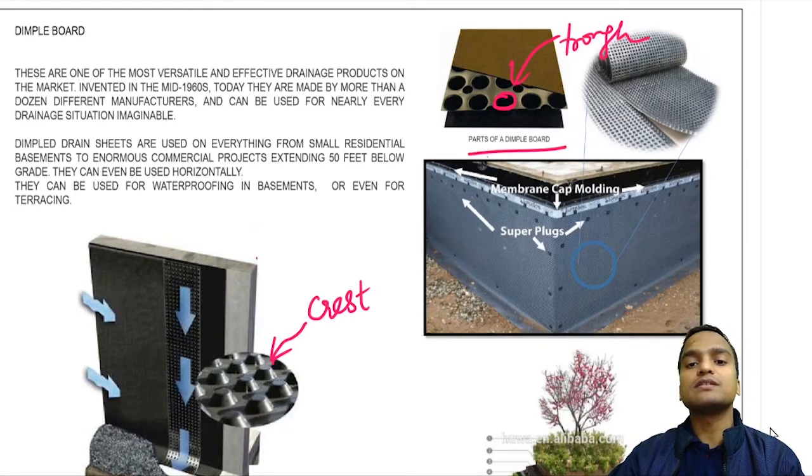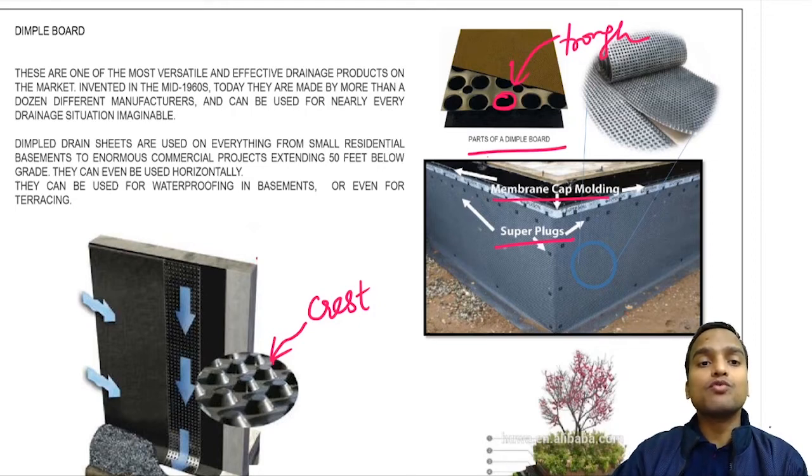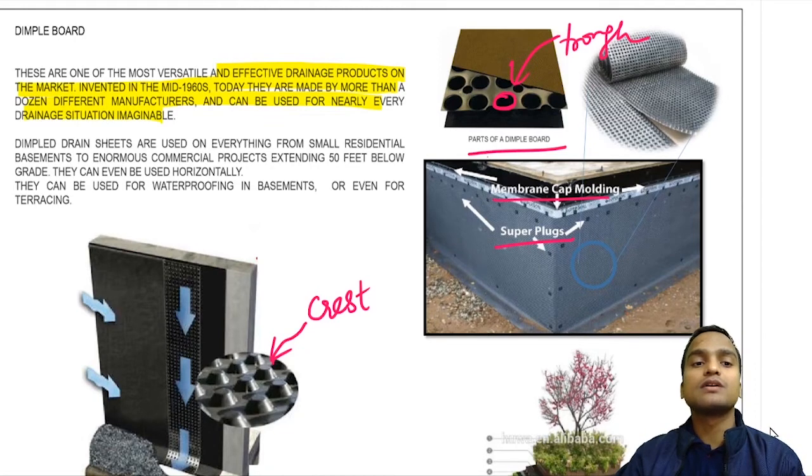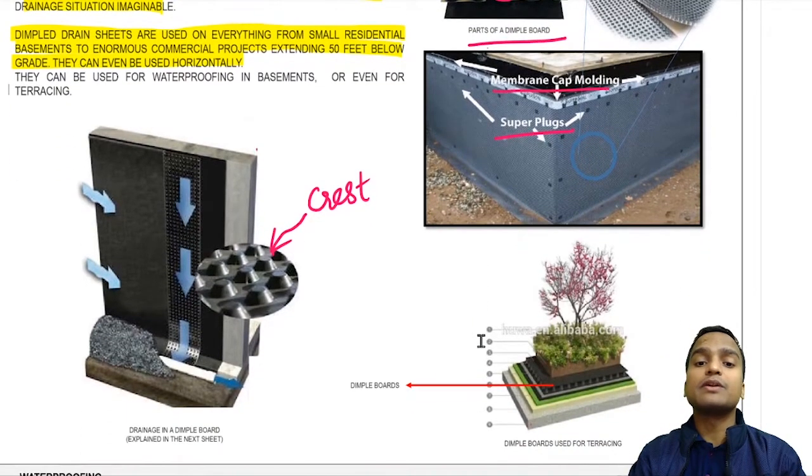Like here you can see the super plugs and membrane cap molding used to connect the dimple boards with the foundation elements. And these are one of the most versatile and effective drainage products on the market. So dimple drain sheets are used on everything from small residential basements to enormous commercial projects extending 50 feet below grade, and they can even be used horizontally, and they help in drainage.